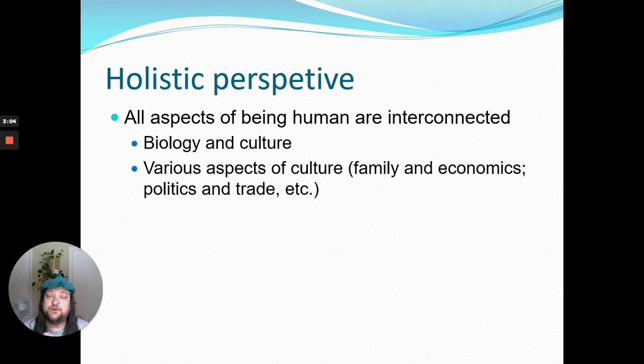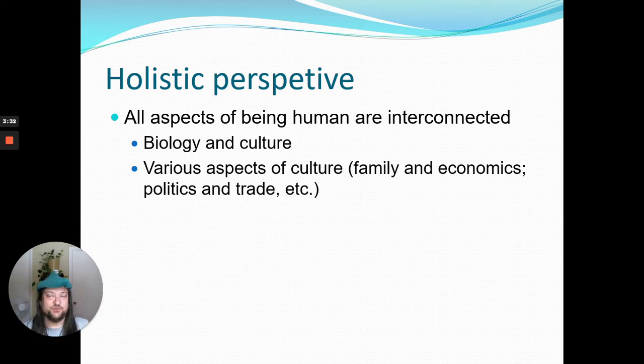But also, when we get to the point where we're really focusing on contemporary culture, we look at different aspects of culture and how they're connected with each other. So, for example, things that we might sometimes see as separate parts of life, like family and economics or politics and trade, they're not separate things. They're connected, and it's this web of things that are connected together.